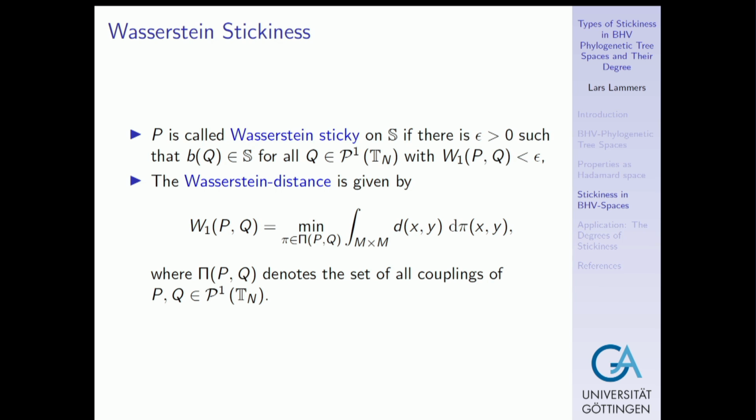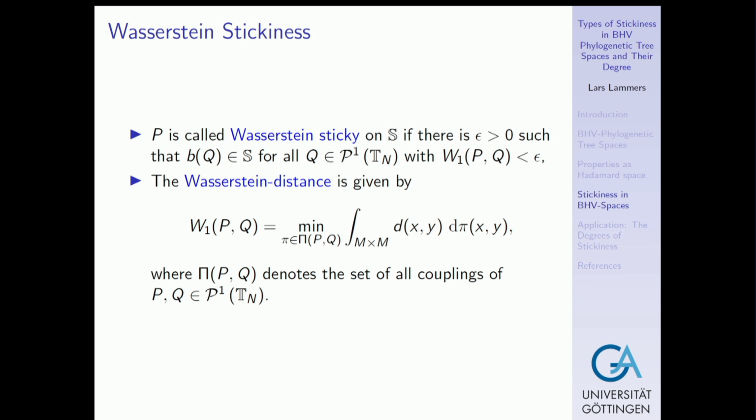The basic idea is that distribution P is Wasserstein sticky if we can construct an open ball around it in the Wasserstein space, such that any other distribution contained in that neighborhood has a Fréchet mean lying on that stratum.